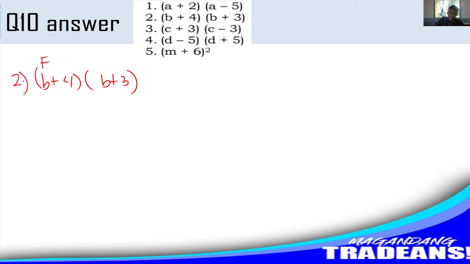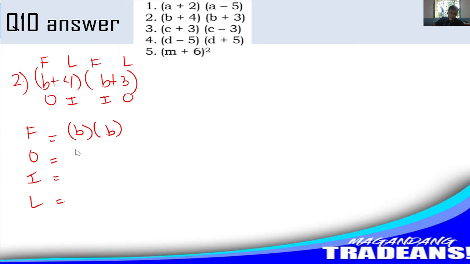First, outer, inner, and last. First is B times B. Outer is B times 3. Inner is 4 times B. And the last is 4 times 3.